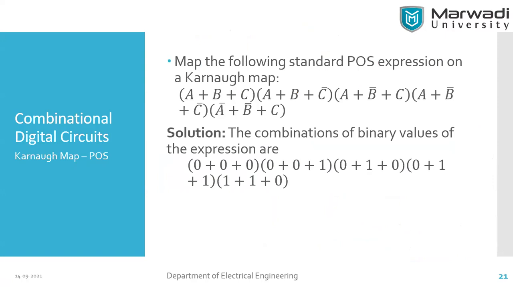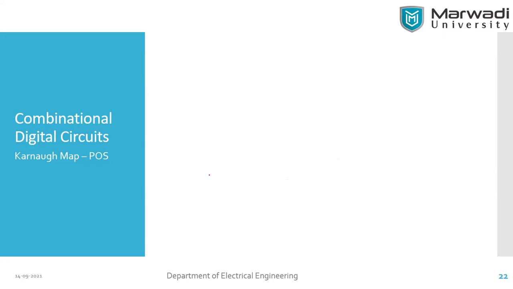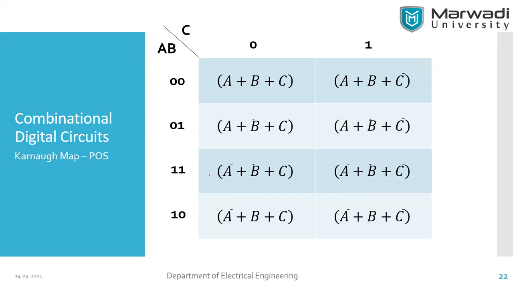Here, if we have an expression like this: a plus b plus c, a plus b plus c bar, a plus b bar plus c, a plus b bar plus c bar, and a bar plus b bar plus c bar. Now, remember, in case of this is bar, so I'm going to write the whole bar here.